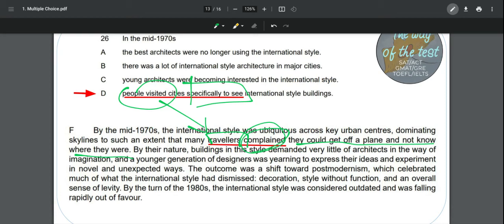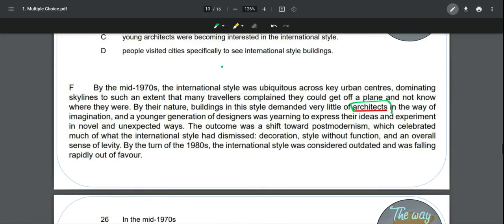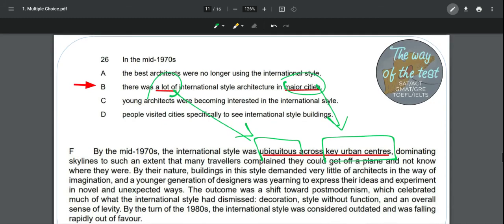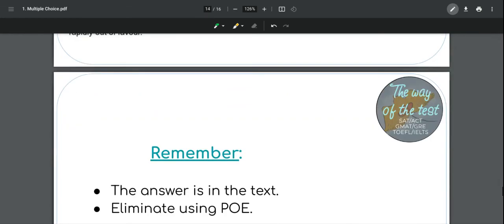So it's pretty much the opposite of going to see the international style buildings, right? So this one is an opposite information mistake. Again, you have to match both the keywords and the information. Here, for example, we match the keywords, not exactly the same words, but the information in the keywords. So the answer will be B.